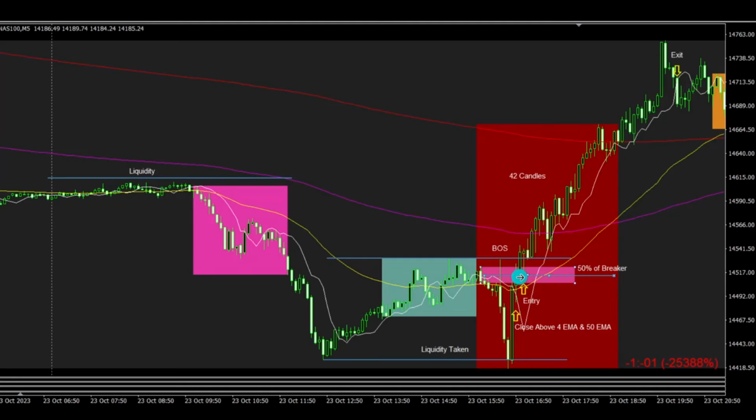That is your entry. Price then continues on, stays above the 4-period EMA, does not close below, and this is your exit on this candle. It closed below the 4-period EMA.